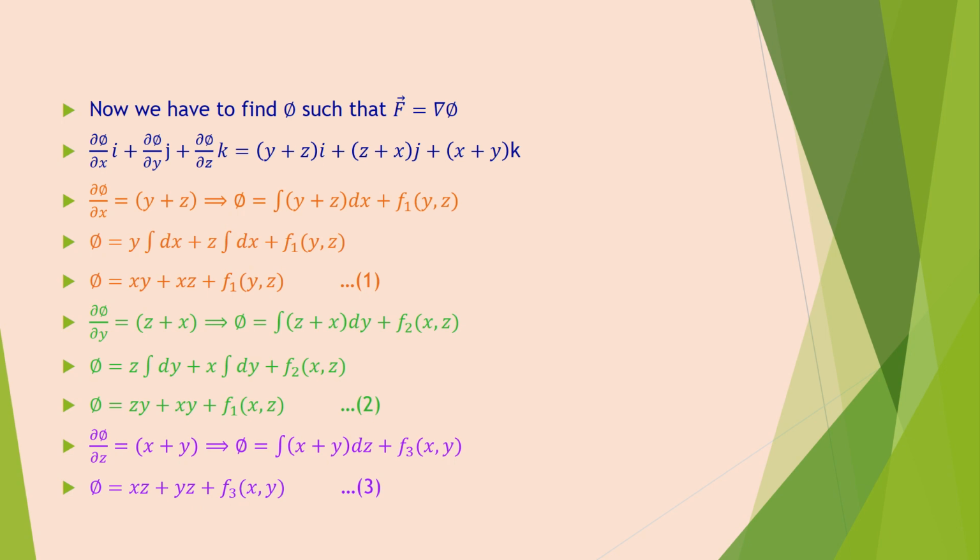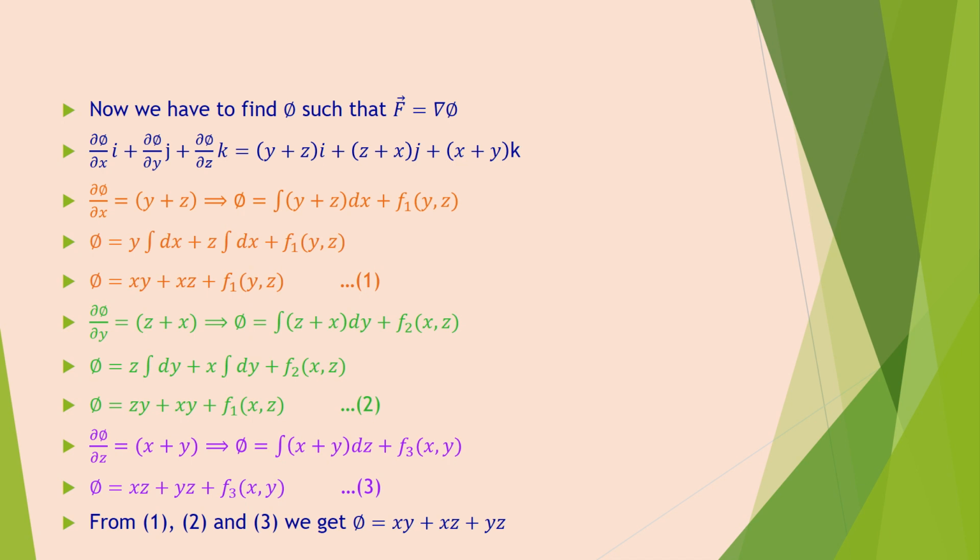So let me choose equation 1 here. Equation 1 says φ is equal to xy plus xz plus f1 of y, z. So we have to find an expression for f1 of y, z. How will we find it? We have to see equation 2 and equation 3, since all are equal. Do you see any expression which has only y, z terms? Y, z need not be y into z; it can be terms in y and z, maybe y squared z squared, or y cubed z cubed, or y z squared.